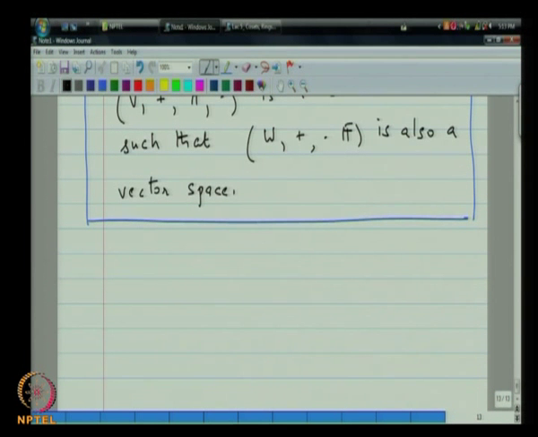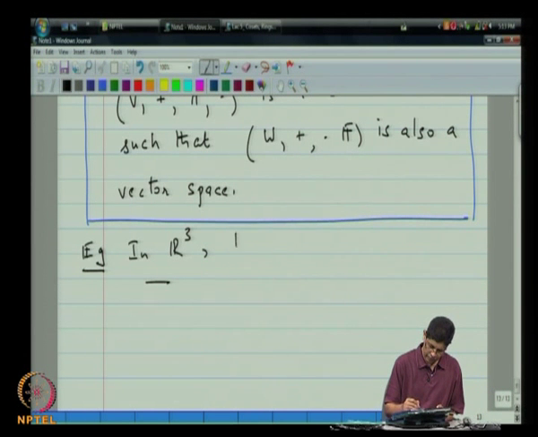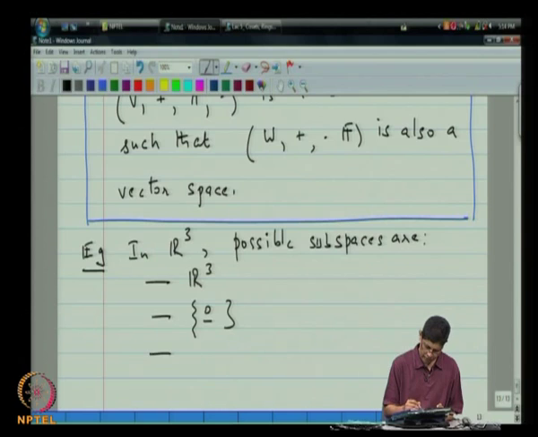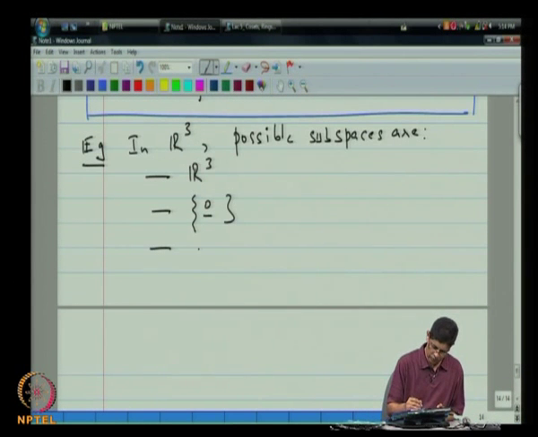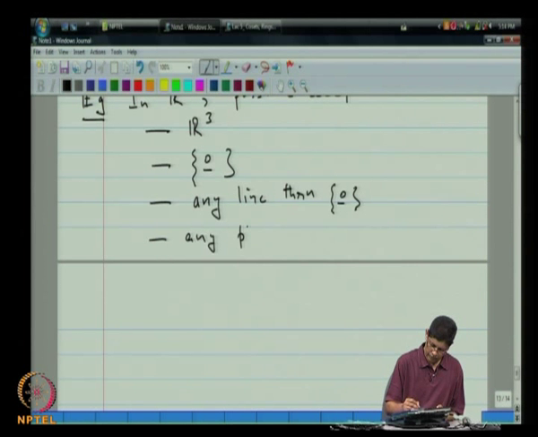So, what are some examples? In R3, that is in 3-dimensional space, possible subspaces are: one, all of R3; just the origin; any line through the origin; any plane through the origin.